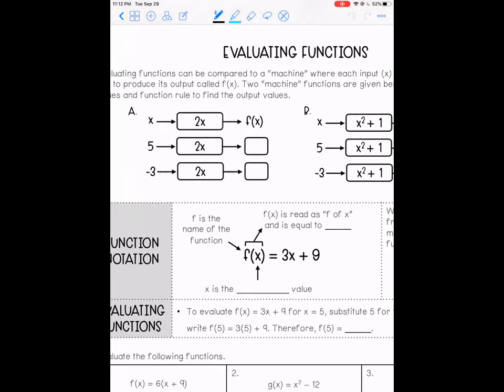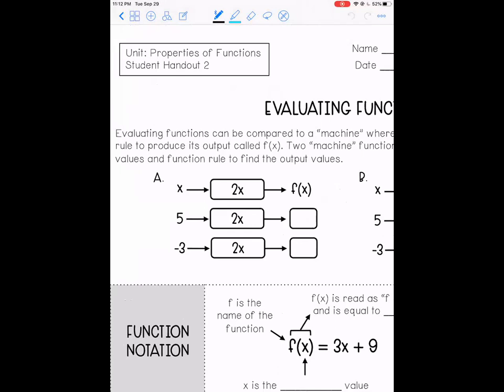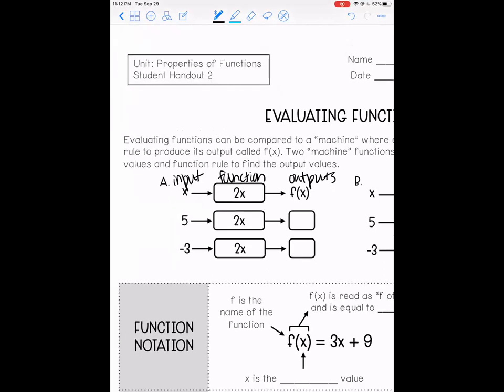Okay, so what we've talked about before: we have our inputs, we have our function, we have our outputs. Looking at the first one, we're going to say 5 as our input for the function of 2x.